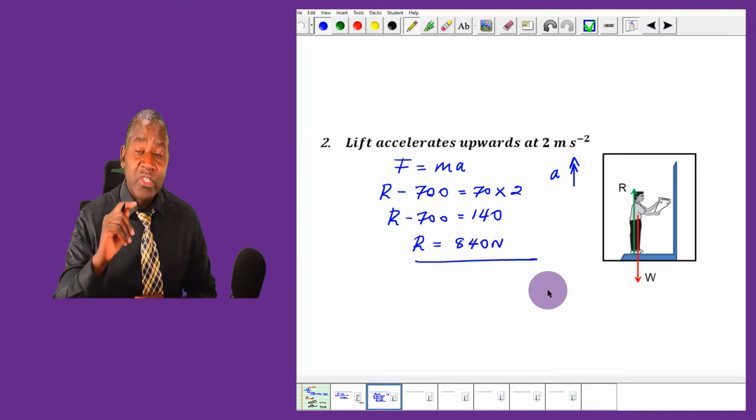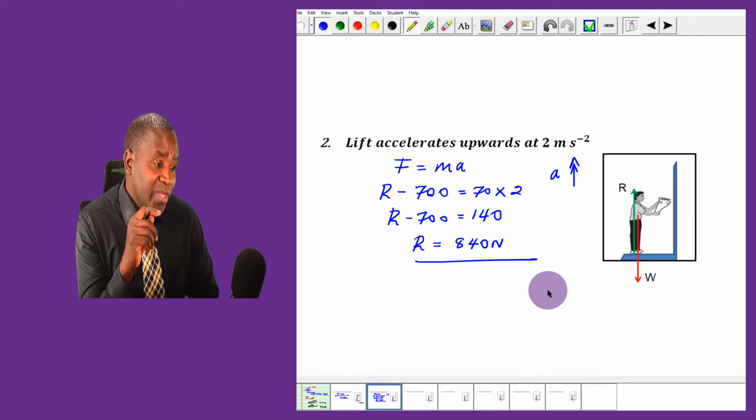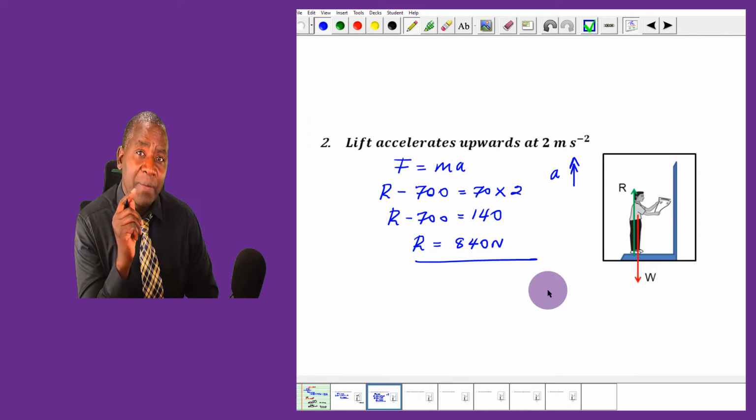So you can see now the balance is going to give us a weight which is greater than the actual weight of this person. The actual weight of this person is 700 newtons. But when the lift is accelerating upwards, it gives us a reading which is greater than the actual weight of the person. This is what we call the apparent weight of the object. The weight the object appears to have.